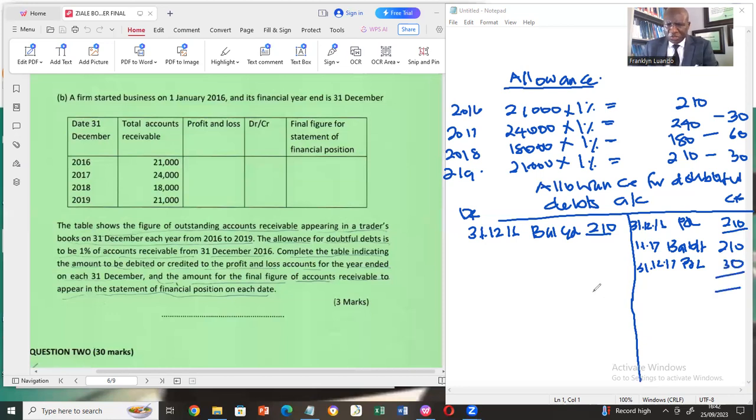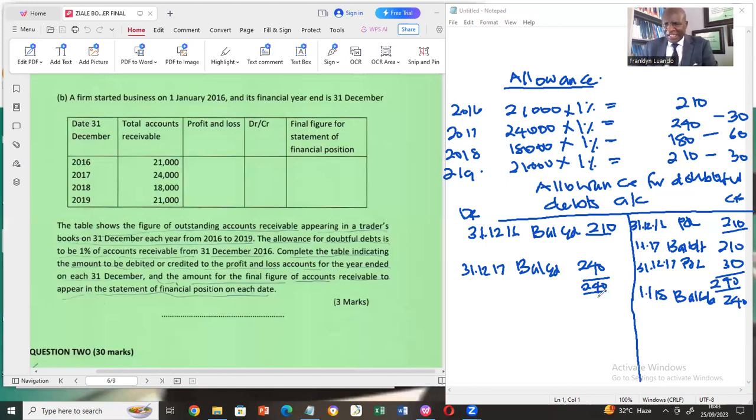And this increases to 240. At the end of 31st December 2017, the balance will be 240. At the beginning of the year, 1st January 2018, this will be the balance brought forward or brought down, 240.